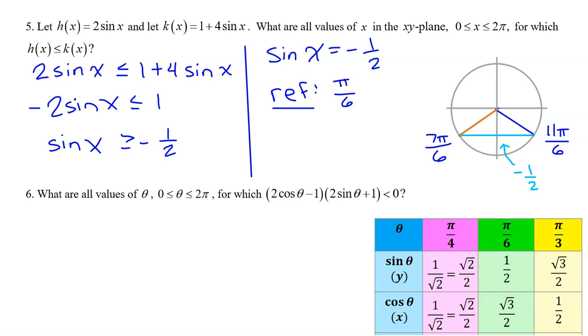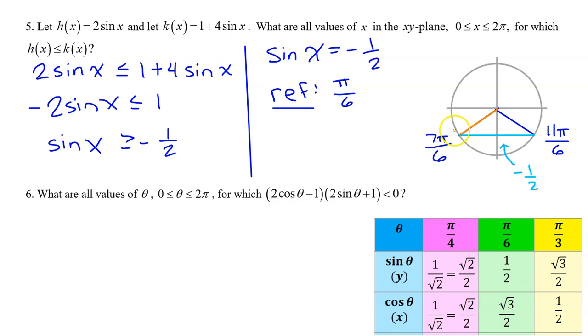Yes, it is, because we want sine x to be greater than or equal to negative 1/2. So right here at 7 pi over 6, the vertical displacement is equal to negative 1/2, so that's to be included. So we have our first set of solutions from 0 all the way to 7 pi over 6, including the endpoints.